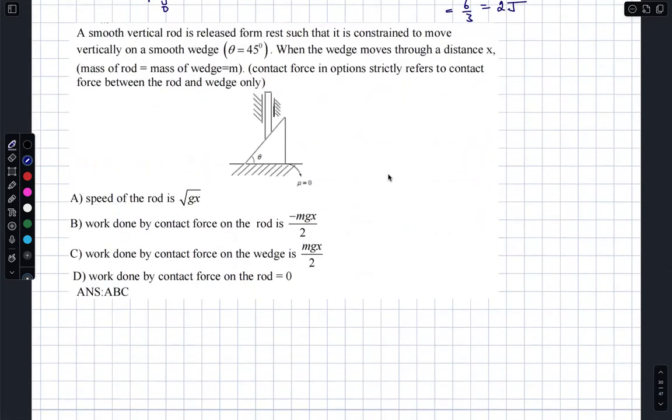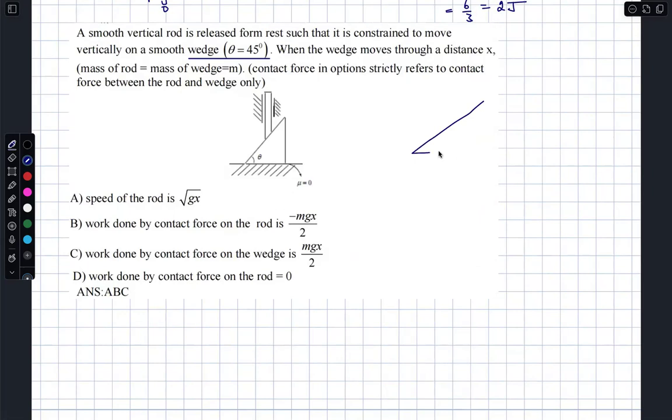You take another model. Smooth vertical rod is released from rest such that it is constrained to move vertically on a smooth wedge. Theta is equal to 45. Theta is equal to 45, you have one constrained relation. Why?